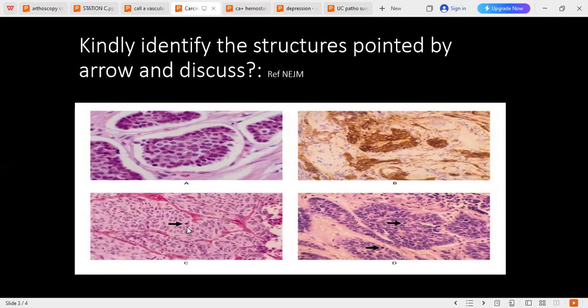What kind of cytoplasm are you looking at? Would you be able to comment? Yes, the cytoplasm is central, the pink part in this. It's eosinophilic. And nuclei are round and oval. Do you see anything else?